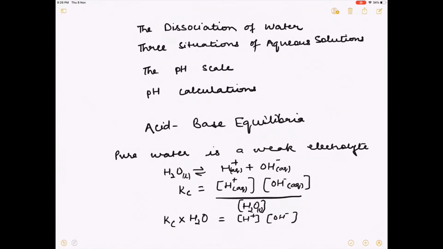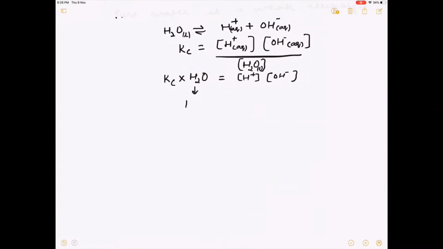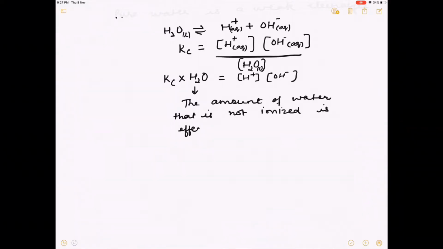Right? Now since water ionizes to a very slight extent, the amount of water that is not ionized is effectively constant, meaning its amount or its value will not change to a very prominent amount.